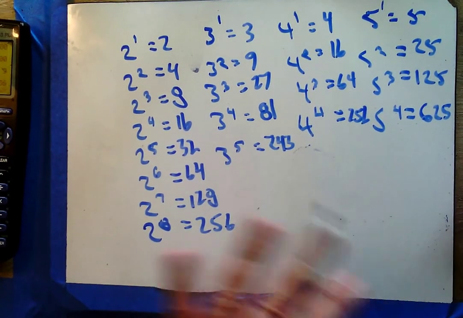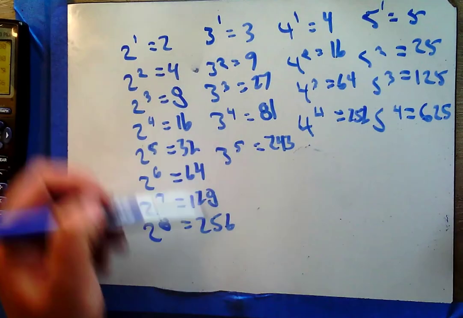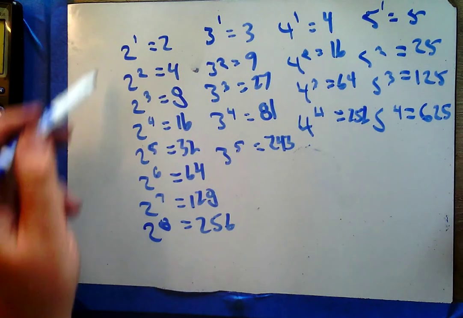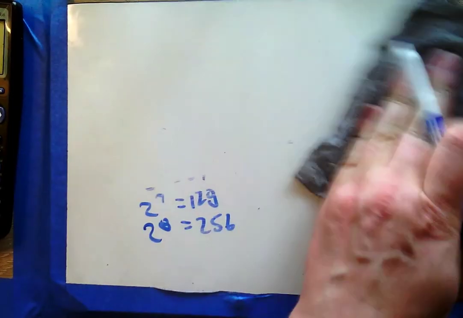Those are the most common ones. You should be familiar with them. When you see these numbers, you know you can rewrite the base this way. All right? So let's take a look at some more of those.